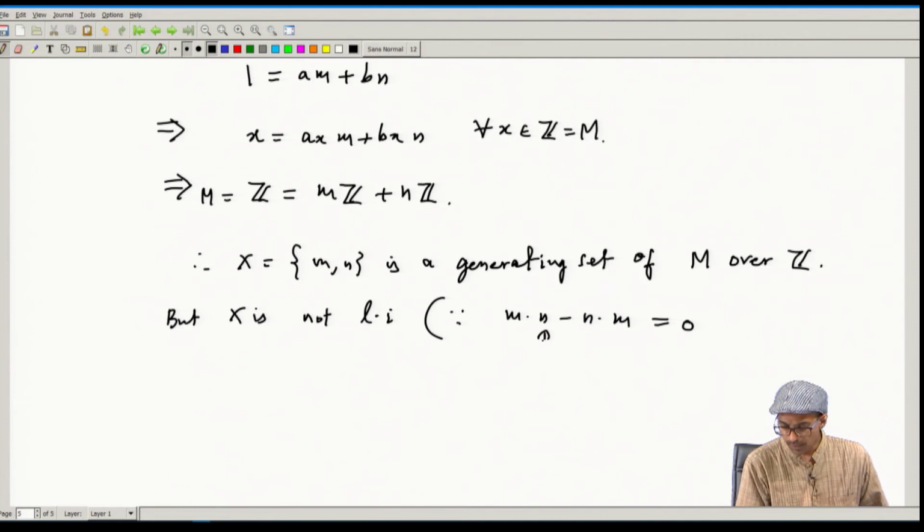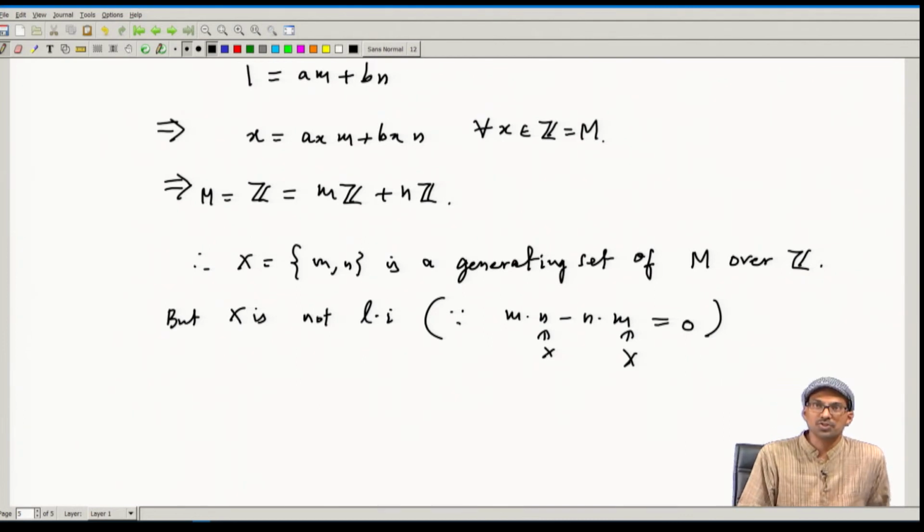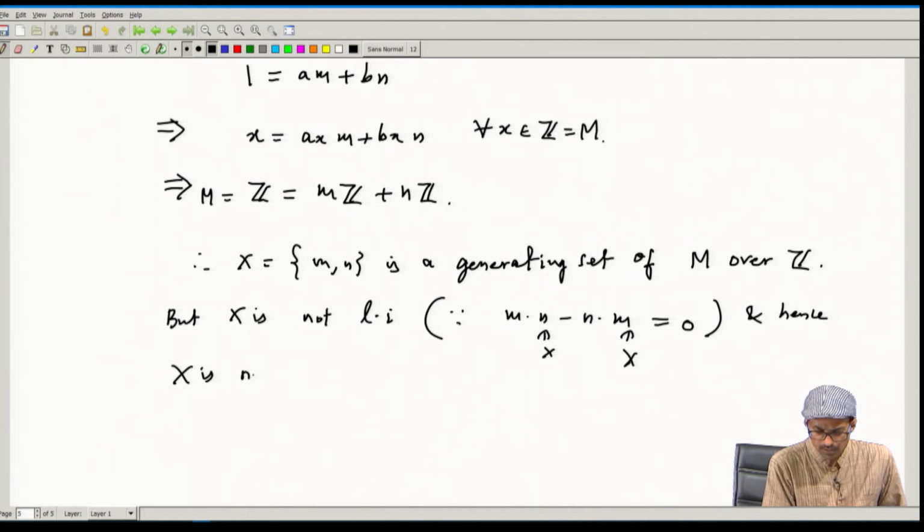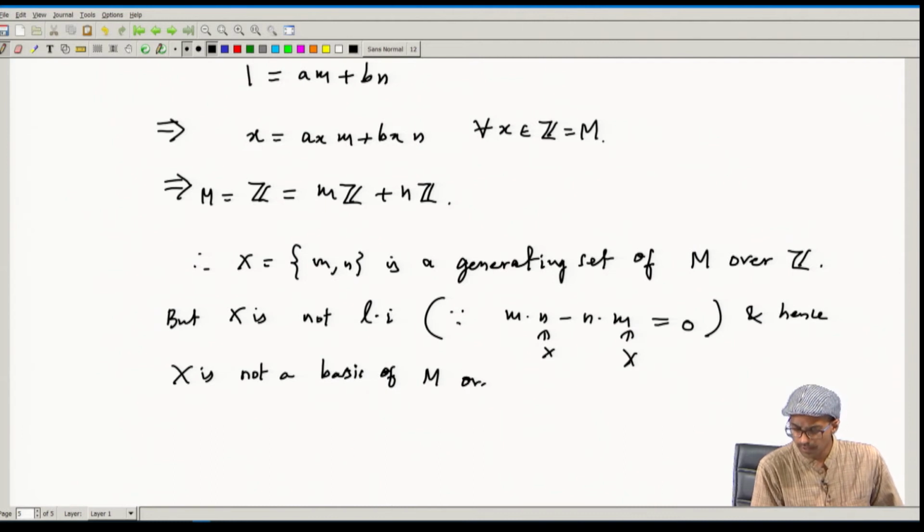Okay, this belongs to X, this belongs to X. So, therefore I have this non-trivial expression. So this forces that X is not linearly independent, and hence X is not a basis of M over Z.